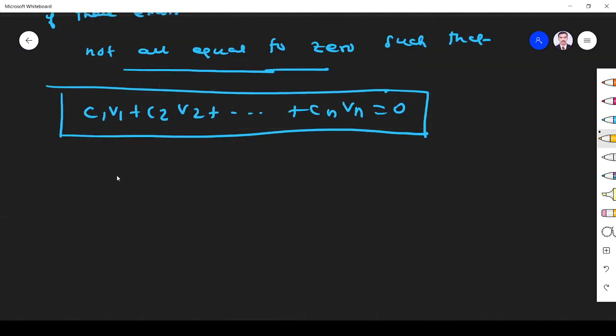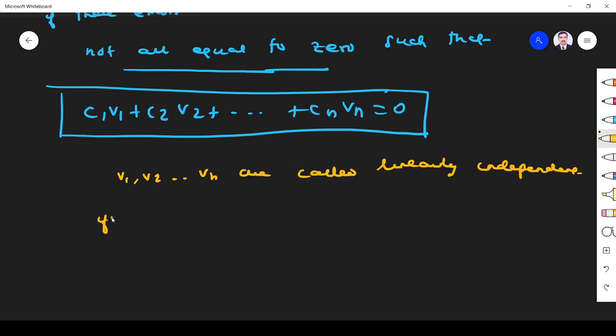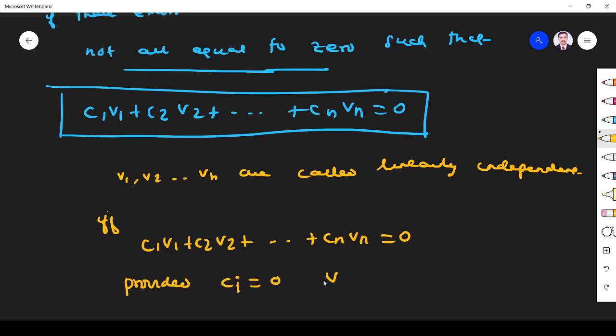The vectors v1, v2 up to vn are called linearly independent if and only if c1 v1 plus c2 v2 up to cn vn is equal to 0 provided all the coefficients are 0, that is, ci equals 0 for all i from 1 to n.